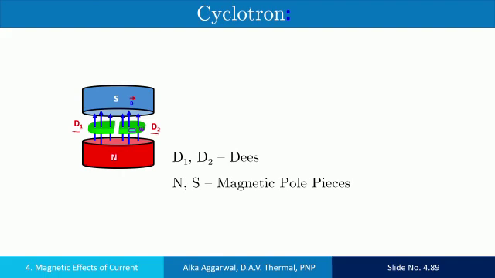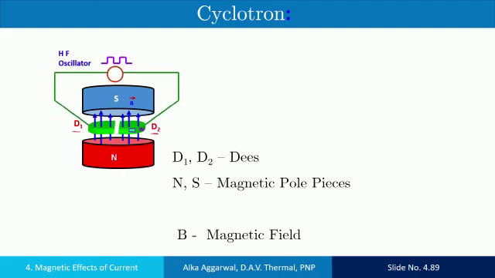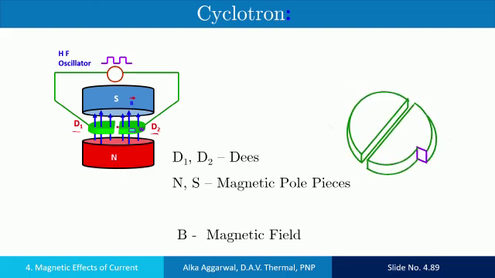The two Ds are connected with the terminals of a high frequency and high voltage oscillator, whose frequency is of the order of a few million cycles per second. This whole device is kept in a vacuum chamber.